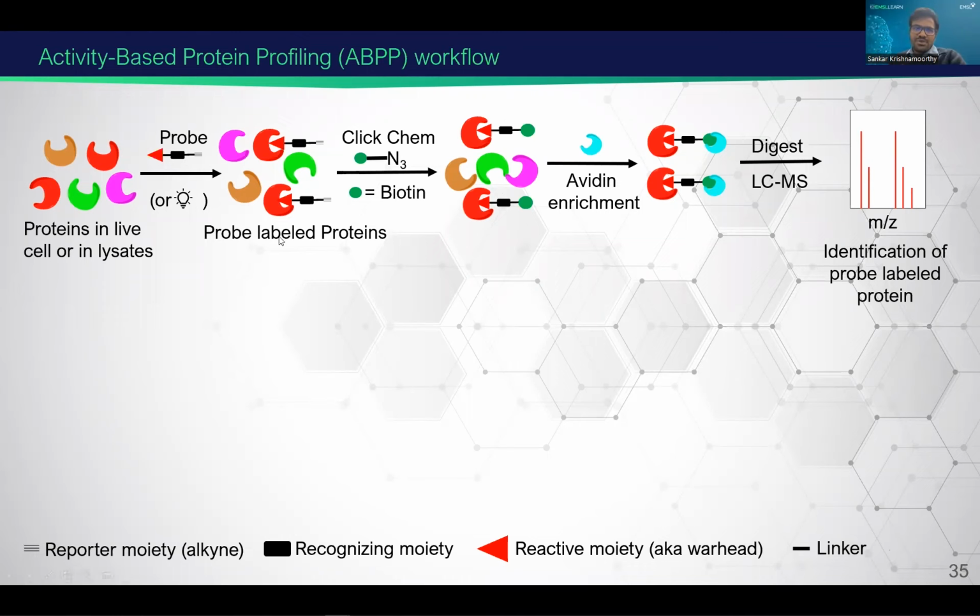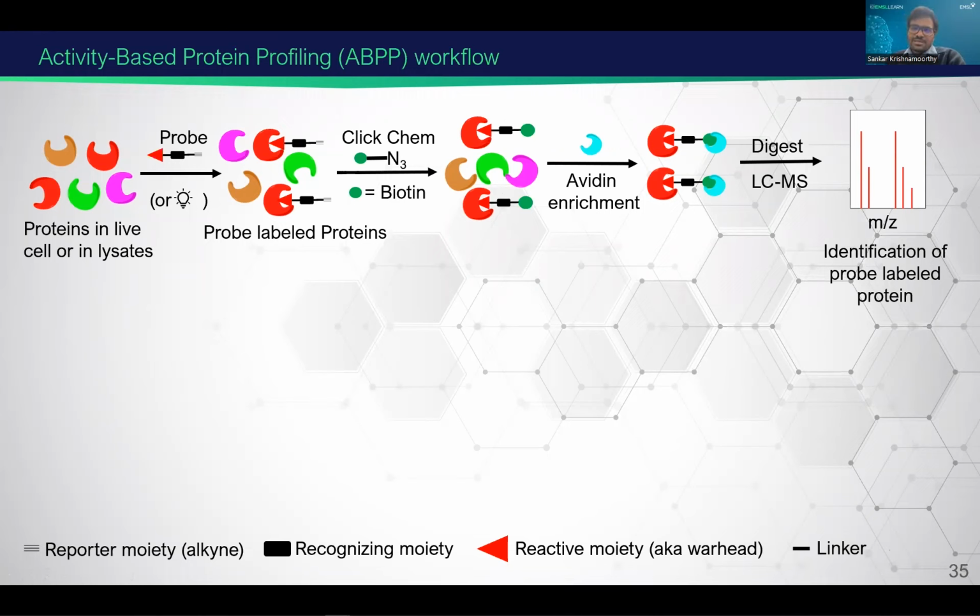So we take these probes and incubate them with these samples, and the probe binds the protein target, and we use click chemistry-based approaches to attach a biotin, which then can be used with streptavidin to enrich for the probe-bound proteins. Then we digest it with trypsin and analyze it with mass spectrometry.